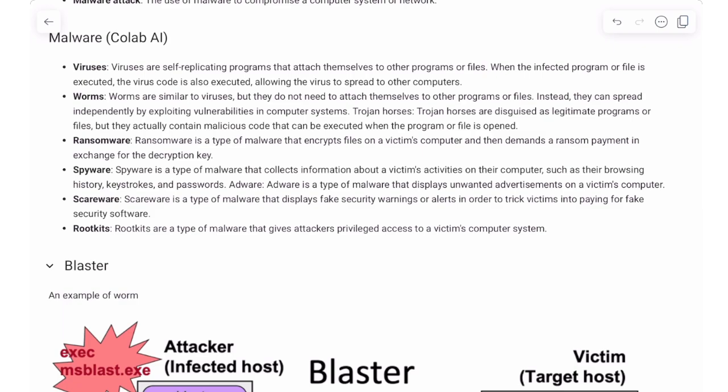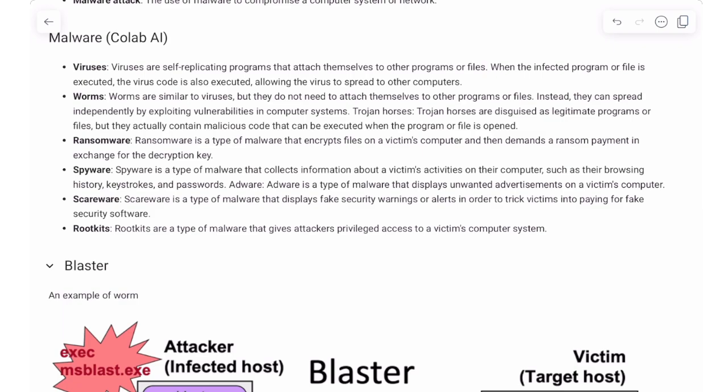So their characteristics are self-replicating and attaching themselves to other programs. That is virus. And for worm, very similar to virus, they also do self-replicating, but they also do self-propagation. They will propagate from one victim to another victim without any human involvement. That is called worm, just like the real worm.